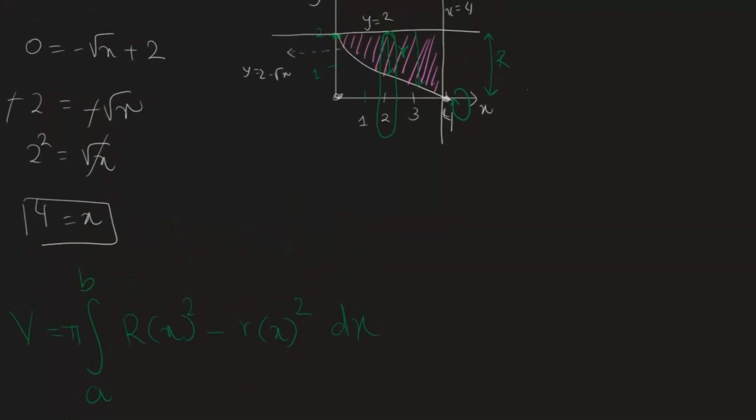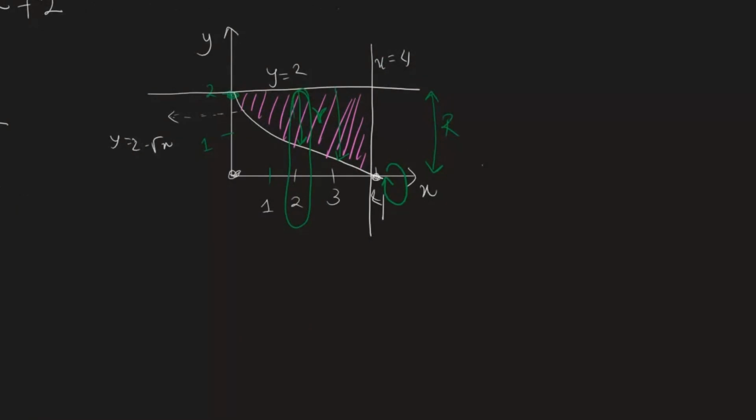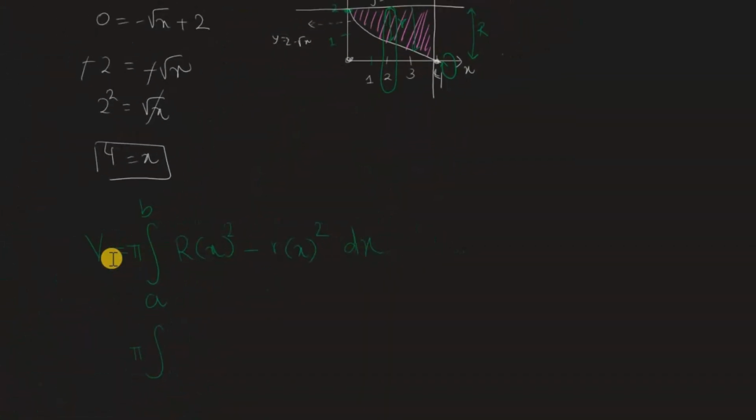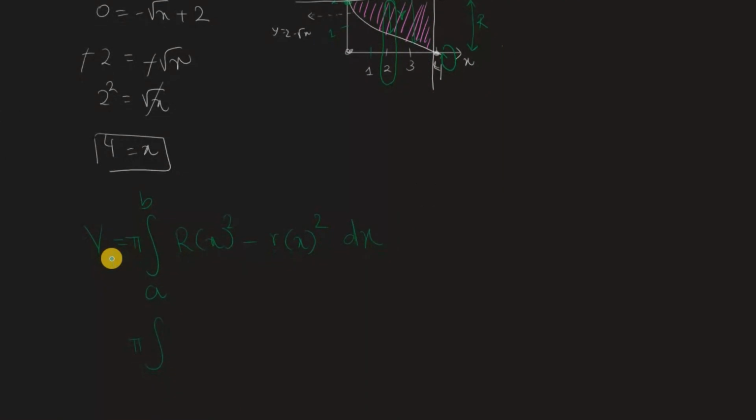Look at where the region is in terms of x. The region belongs to x from 0 to 4. After 4, there's no region, right? So the region is within 0 to 4. These are my limits of integration, so it starts from 0 and goes up to 4.